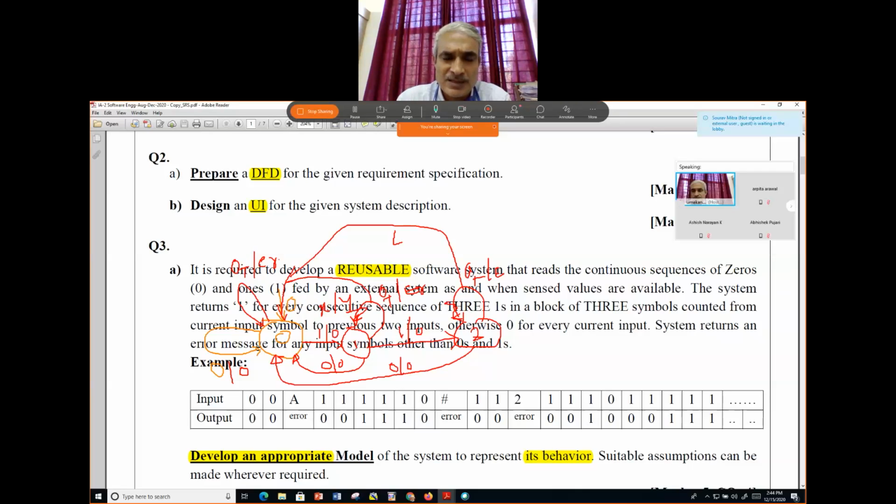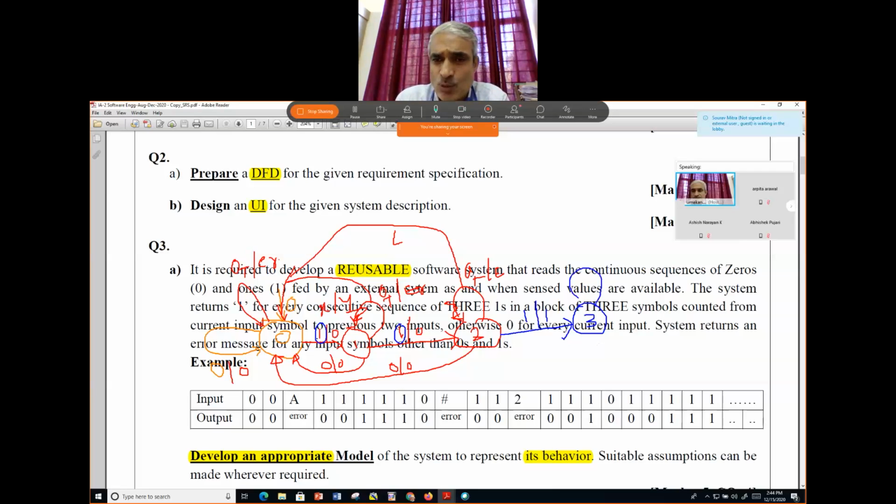Now, from state 2, if you get 1, the consecutive ones, 3 ones, 1 here, 1 here, and 1 here, so if you get 1, output 1, and go to state number 3. State number 3 represents that you have detected 3 consecutive previous ones.